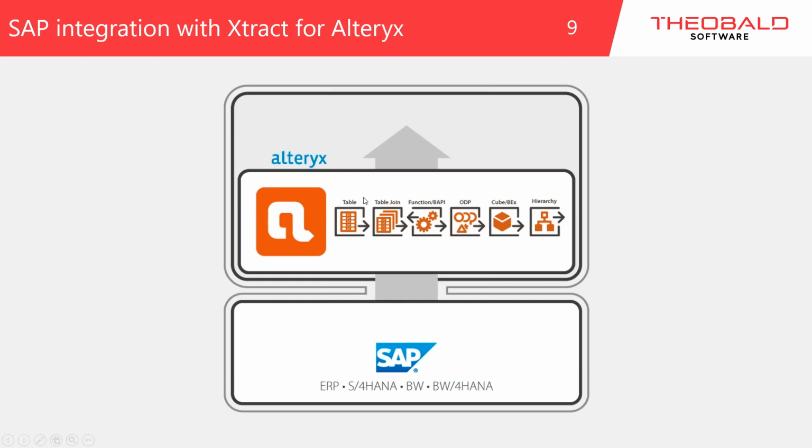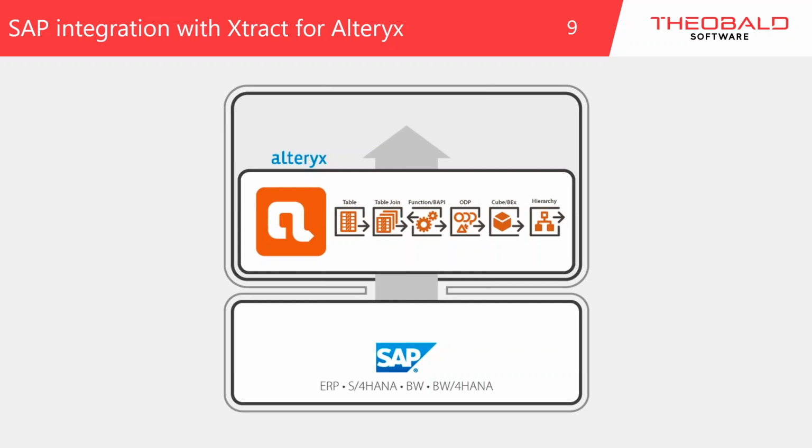For example, here you have a table component that enables you to extract data from SAP tables. That can be master data, configuration data, or your transactional data. This enables you to extract mass data, even millions and hundreds of millions of rows would be supported.